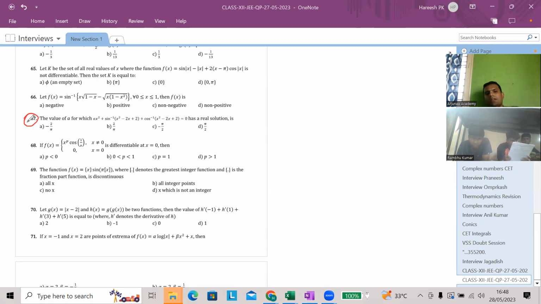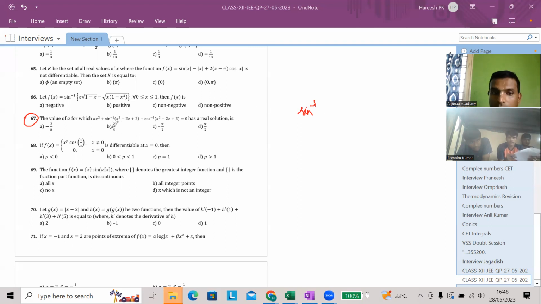67th also is a very wonderful question. Any idea, students? Sir, that sine inverse of x plus cos inverse x, we can write it as pi by 2.